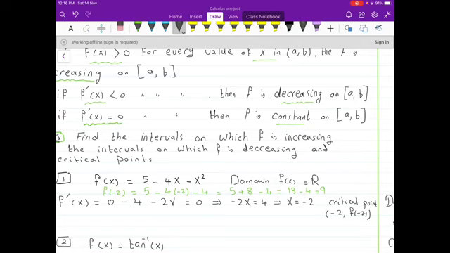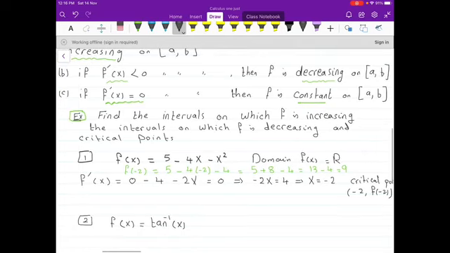Now to find the intervals of increasing and decreasing, we study the sign. We want to study the sign of f prime of x. Now the sign of f prime of x around minus 2. If you choose a number greater than minus 2, like minus 1, what will the sign be?